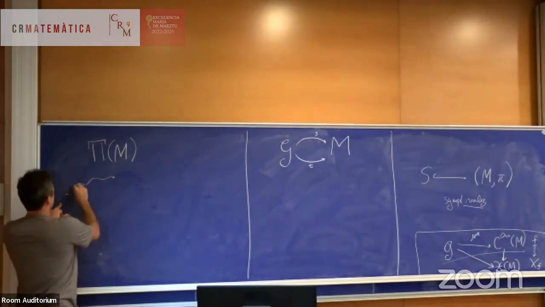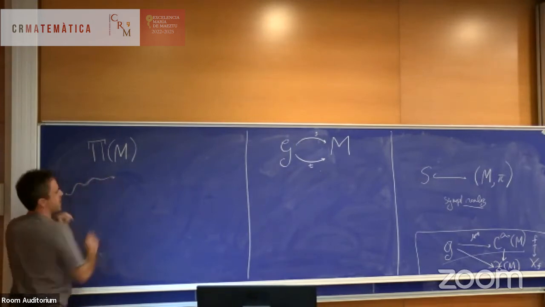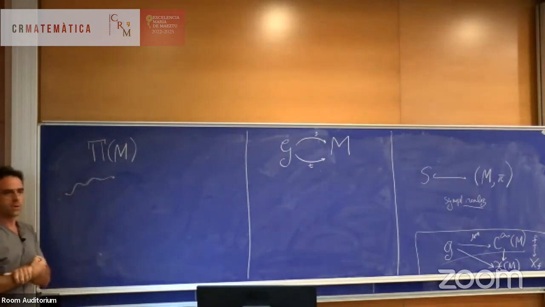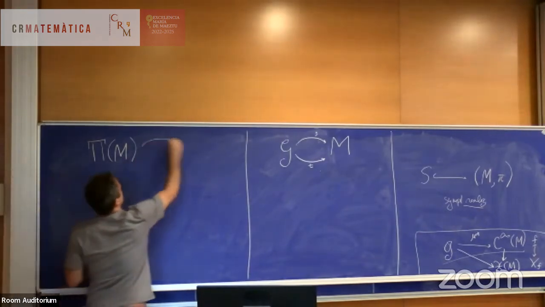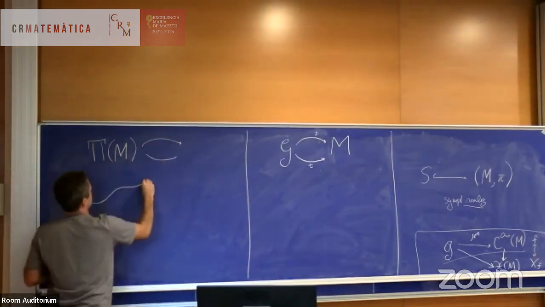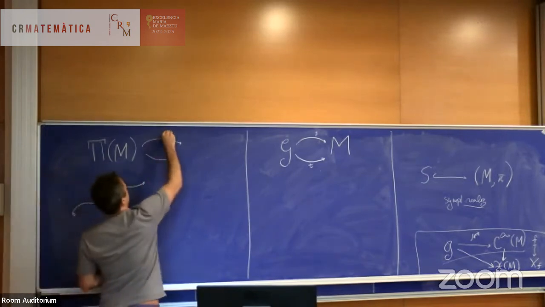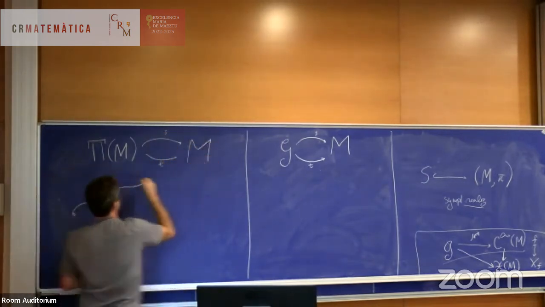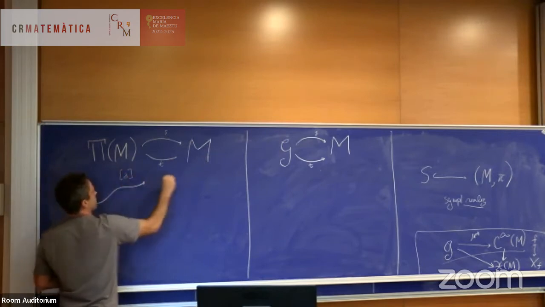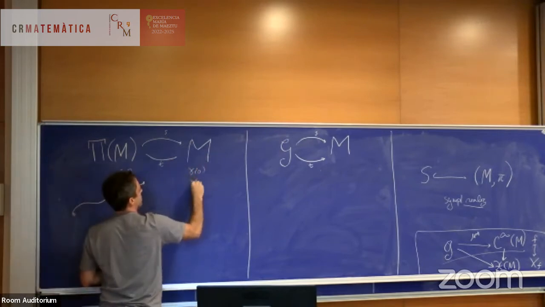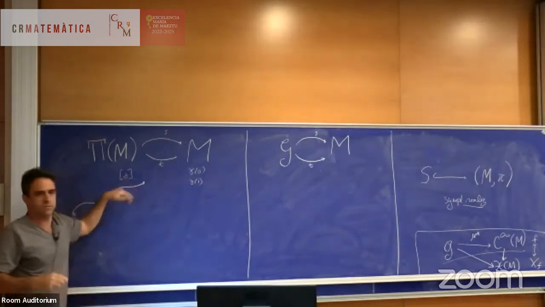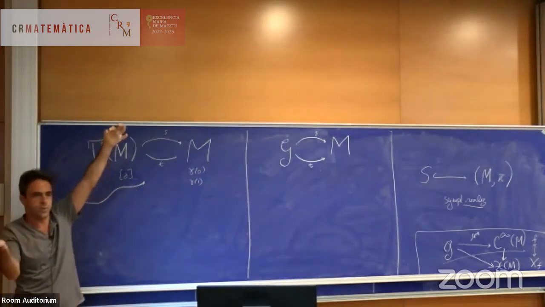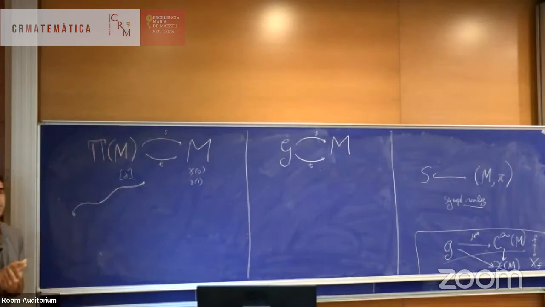So there are classes of paths on your manifold. This set has 2 maps down to M, namely the initial point and the final point. And it doesn't really depend on which curve, because I'm taking them up to homotopy, but with fixed endpoints.